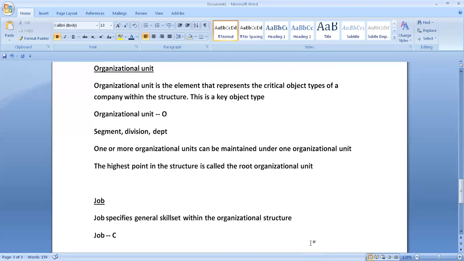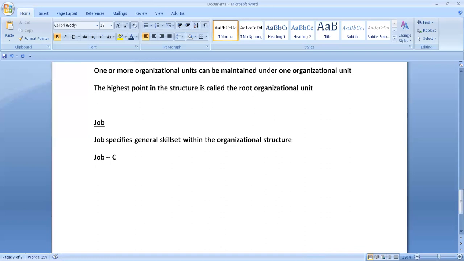In general English a person holds a job, but in SAP that is not true. The person holds a position, but the person doesn't hold a job. That's what a job is. It is represented by C.